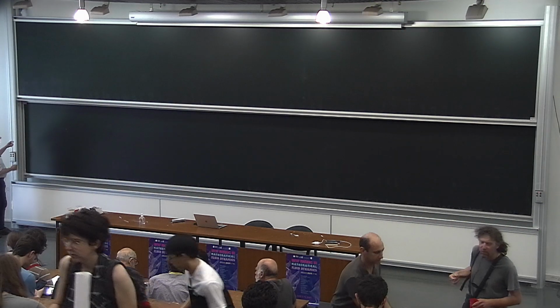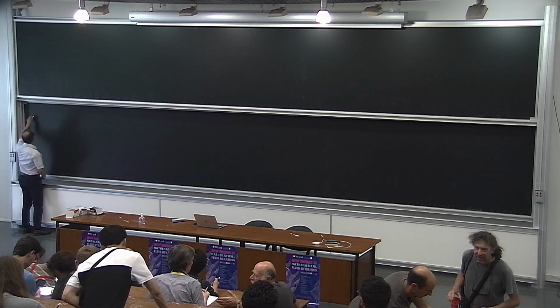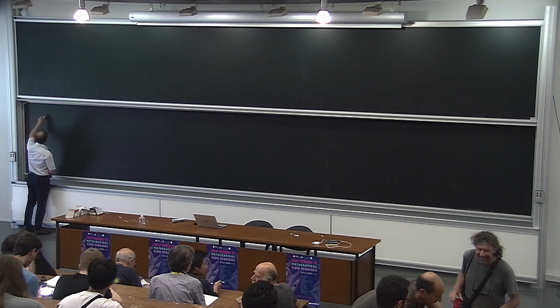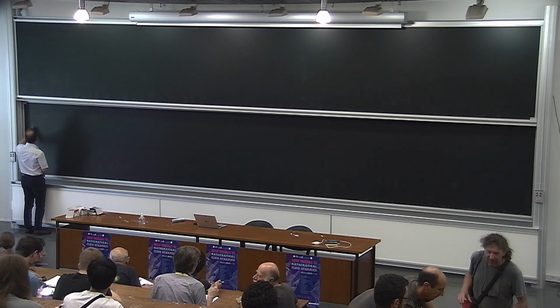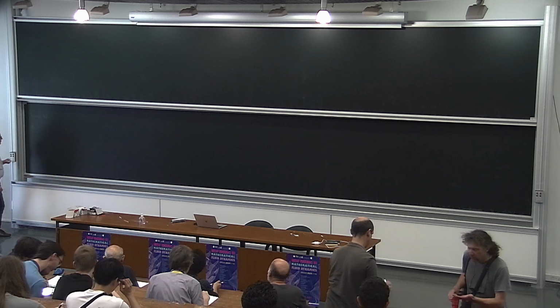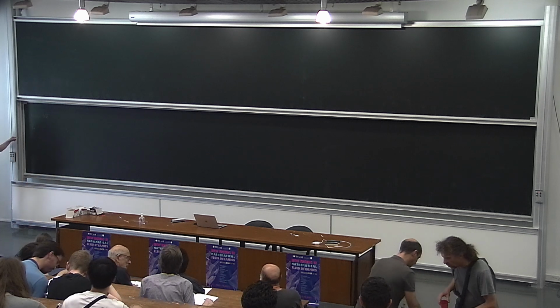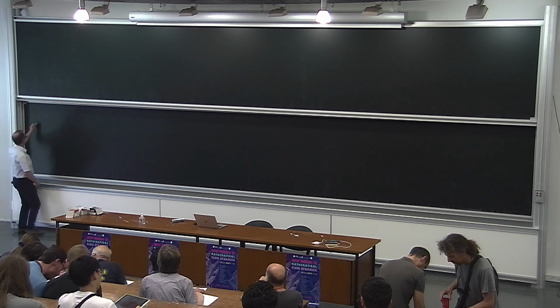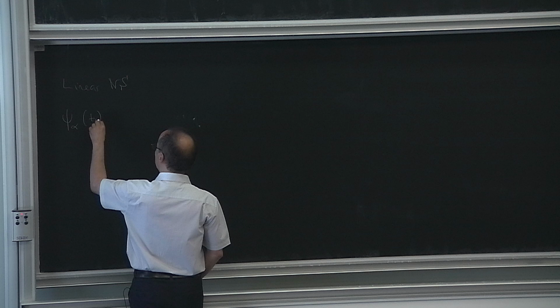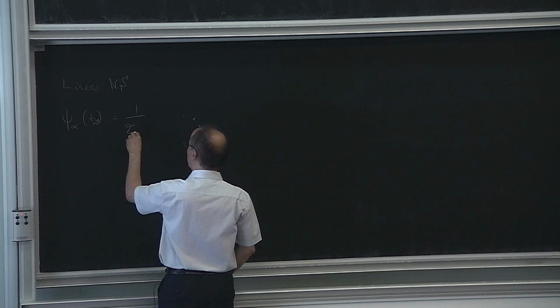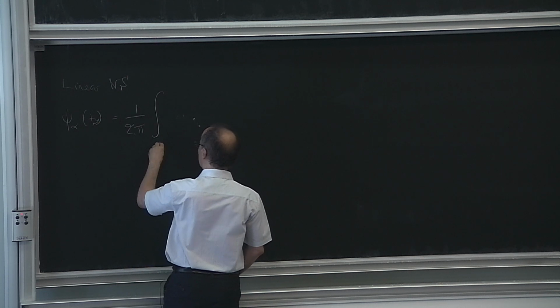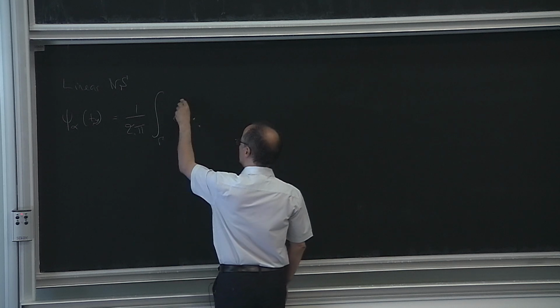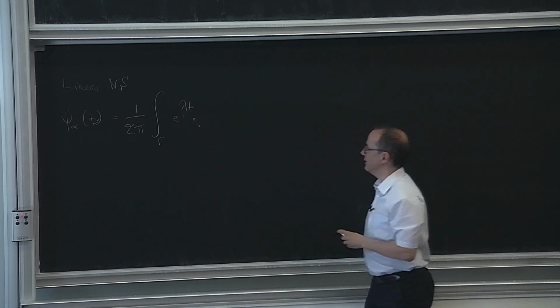So first, let's recall the linear Navier-Stokes equation. We have psi alpha, a stream function, where alpha is the horizontal Fourier transform variable, of t and y, which may be given by an integral over some contour of exponential lambda t.